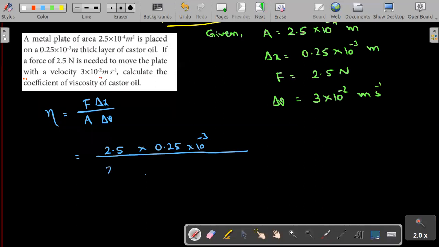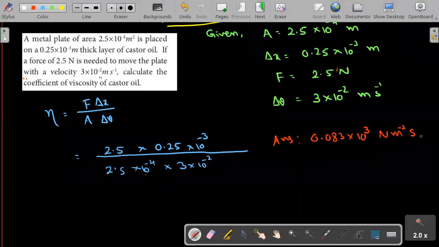Area 2.5 into 10 power minus 4, right? Then what else? Delta V is left, 3 into 10 power minus 2. Please calculate this and let me know your result. Okay, this is my result I have mentioned here.